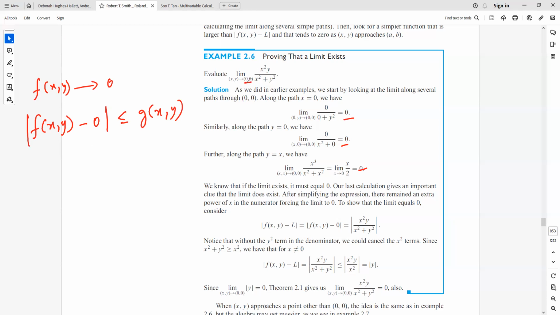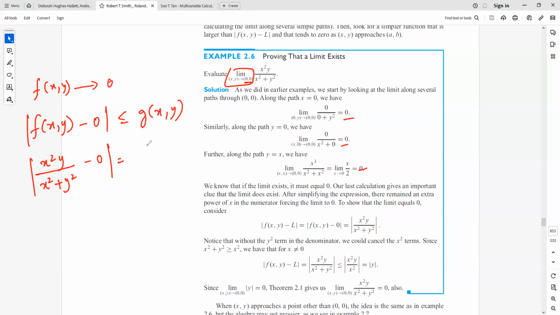At the same point means the limit for this function, that is the limit as (x, y) goes to (0, 0). So now we can write in this way: x squared y over x squared plus y squared minus 0.